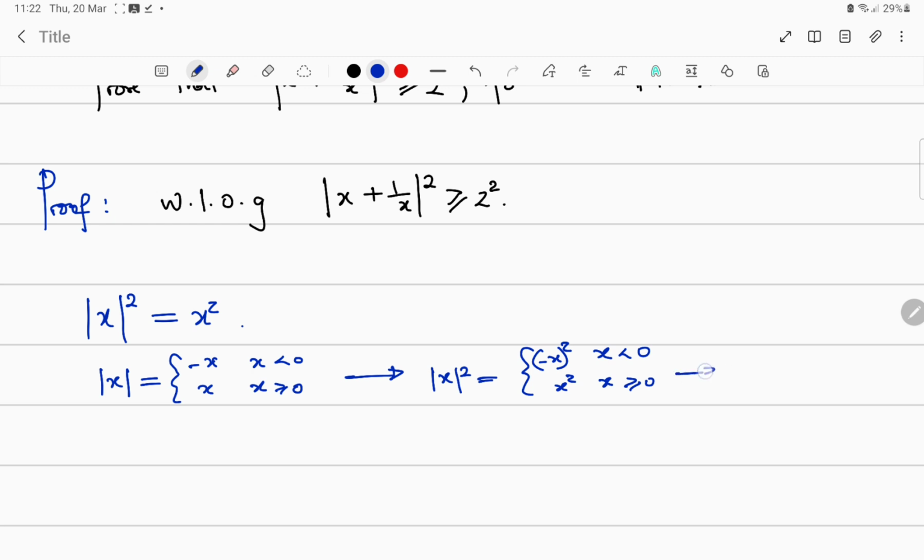This implies that modulus of x squared is equal to x squared for all x in R.